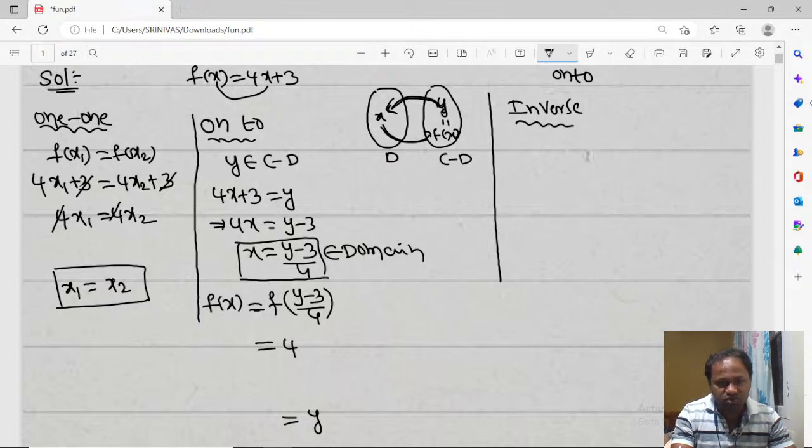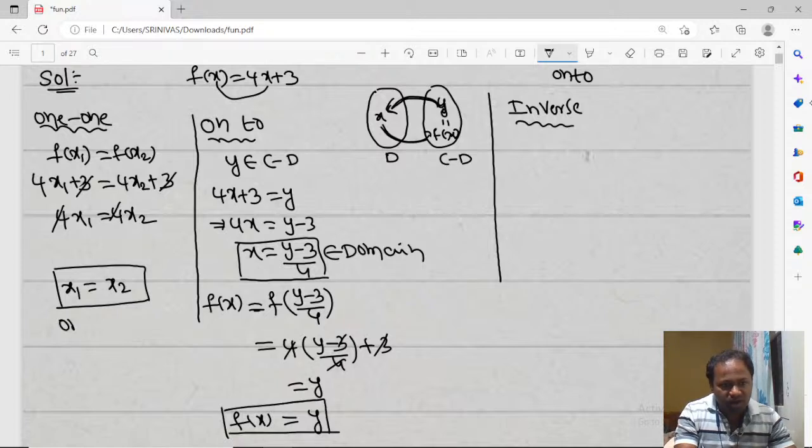So how to substitute? 4 into (y minus 3) by 4, plus 3. That means 4x plus 3. Here 4 got cancelled, 3 cancels. That is equal to y. So f of x is equal to y. So 1-1 as well as onto. That's why it is invertible.